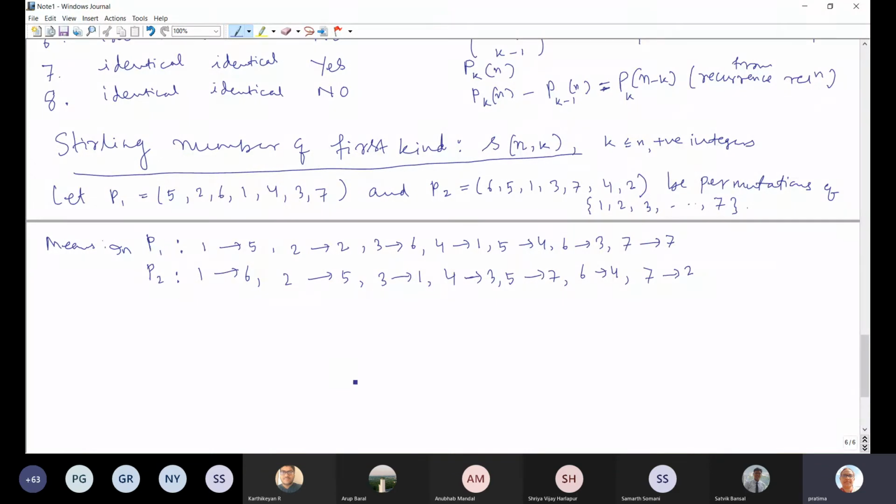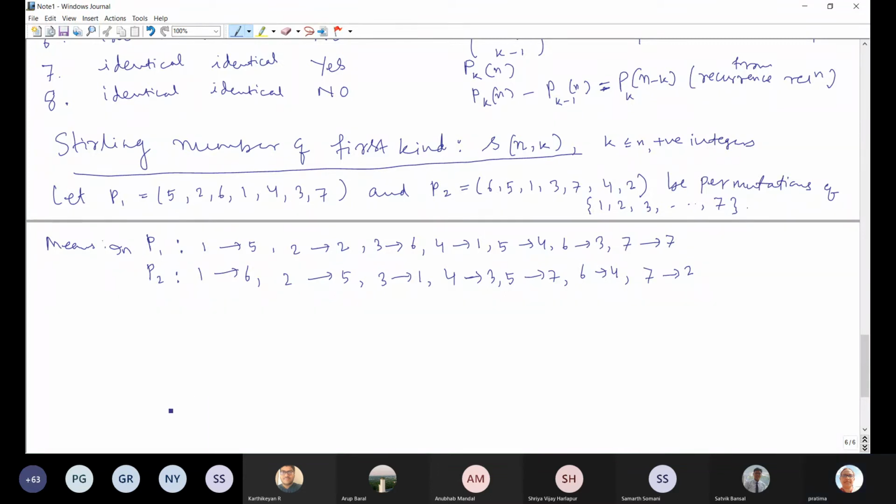Hope I have written correctly. These are the images. This is the notation we use for P1 and P2. If we put these numbers in a bracket, in the first place the number we get is the image of 1, in the second place the image of 2, and so on.